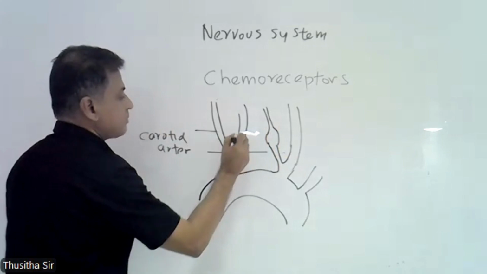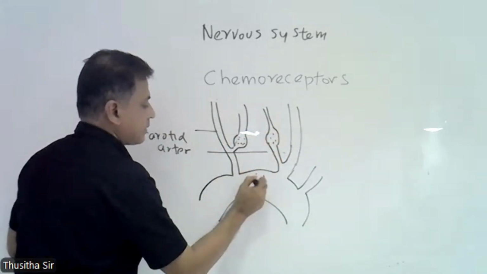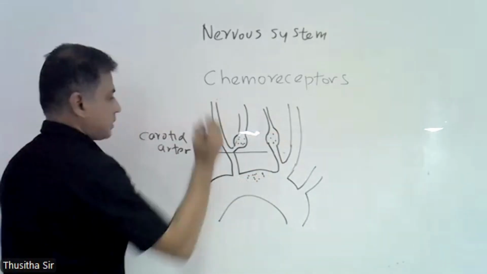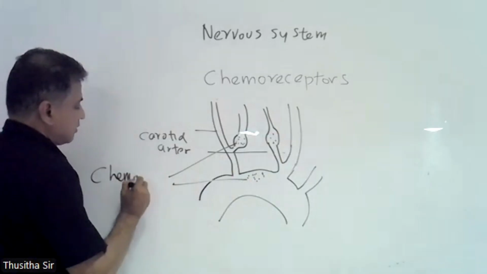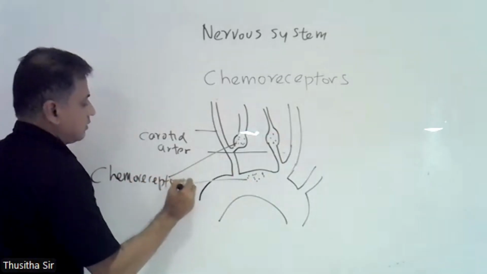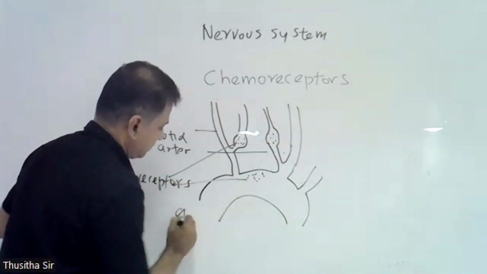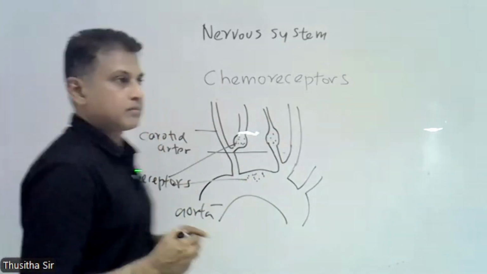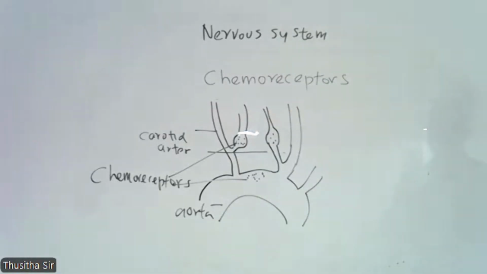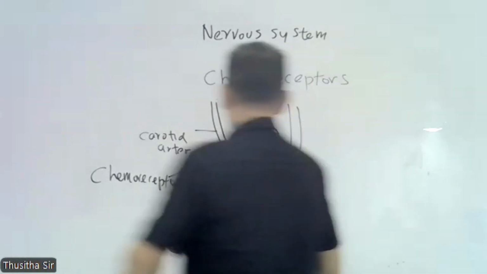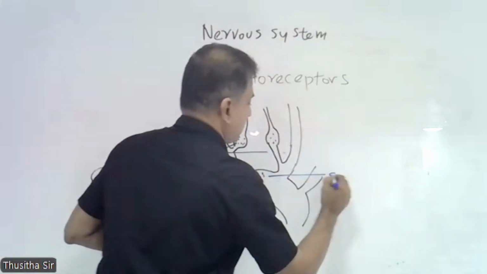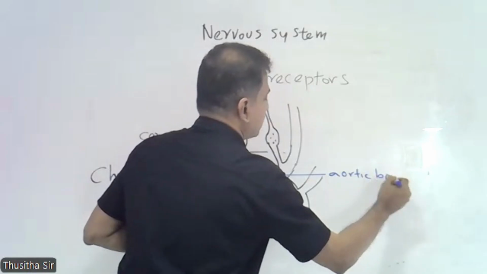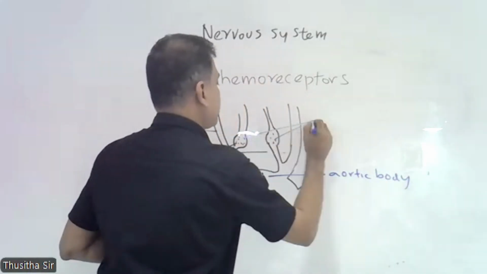And the chemoreceptors are located here and here. So there's the location of the chemoreceptors: one is the carotid body, and that's the aortic body.